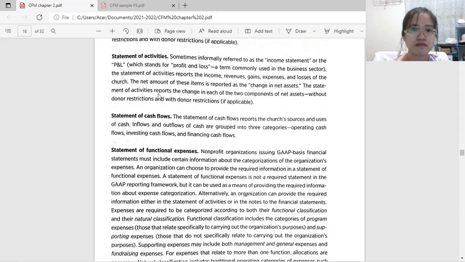And then you have the statement of cash flows, cash inflows minus cash outflows. Essentially, this is the application of the cash basis, but it's a separate statement.